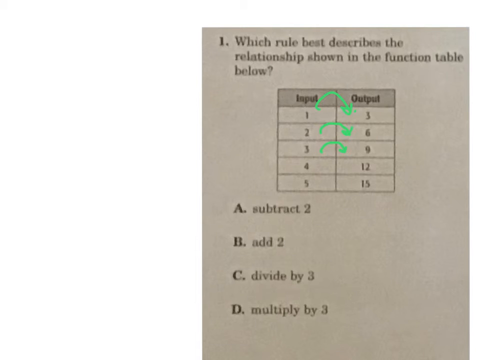It could be plus 2, but 2 plus 2 is not 6. So it's not that. Times 3, times 3, times 3, times 3, times 3. So it is multiplied by 3. So the function is input times 3. You will need to know function tables.